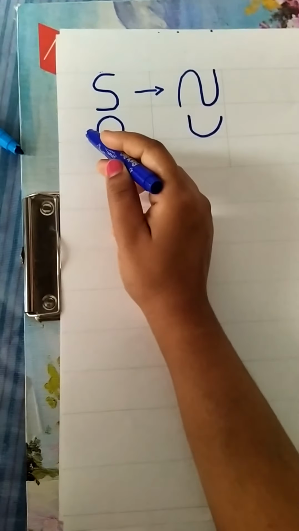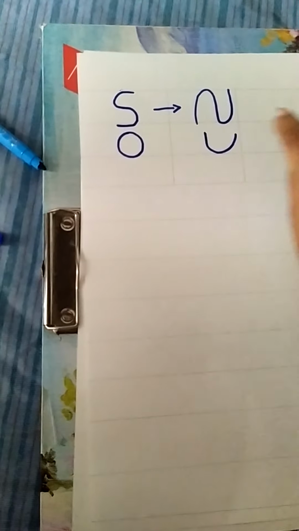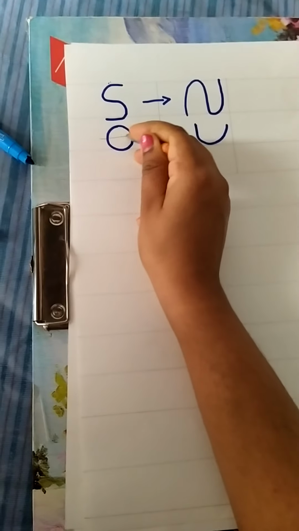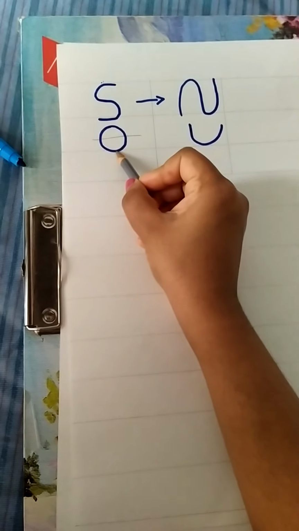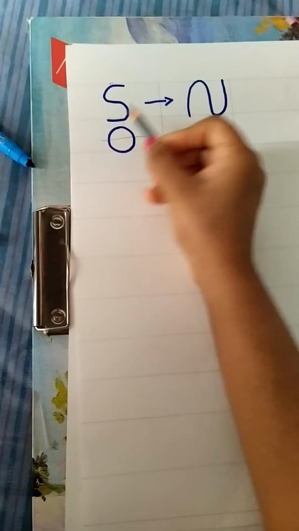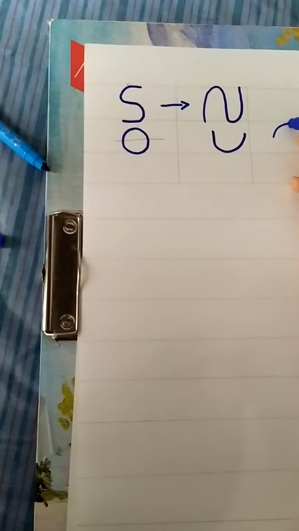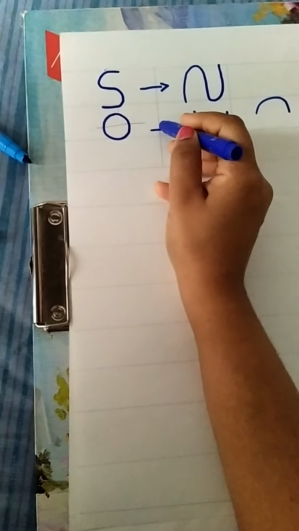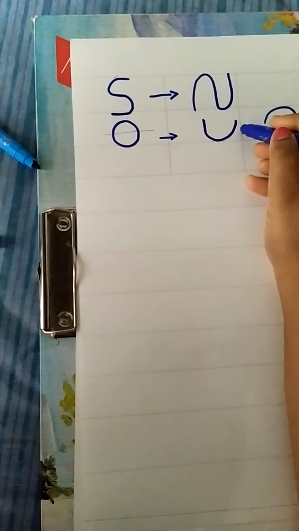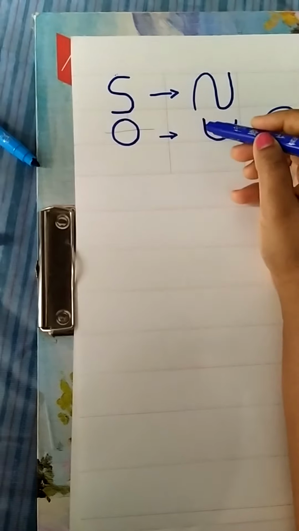When you cut the circle, you get two shapes, one is down and the other one is up. So from the letter O we are getting two shapes, the lower half and the uppermost half.